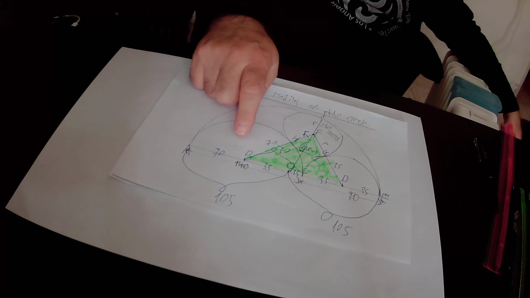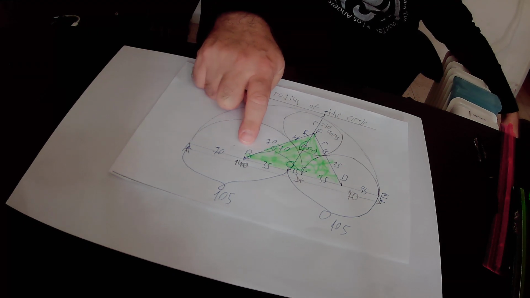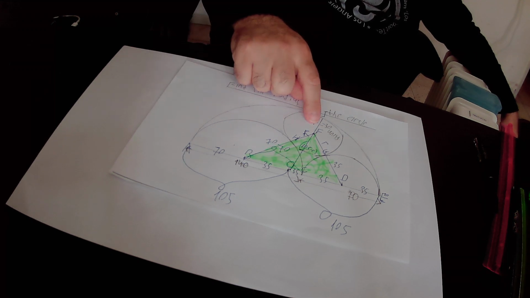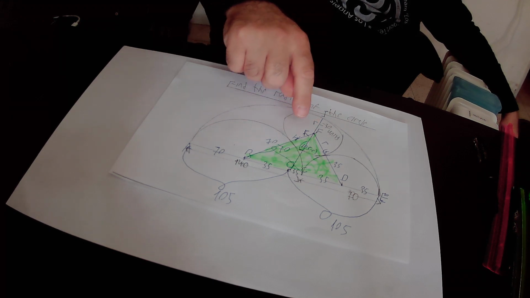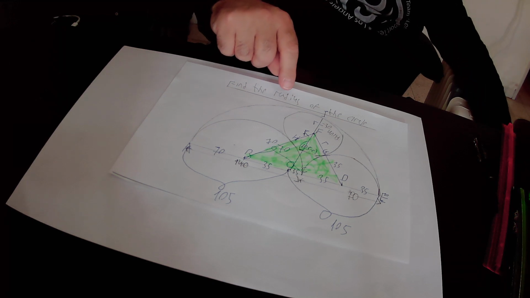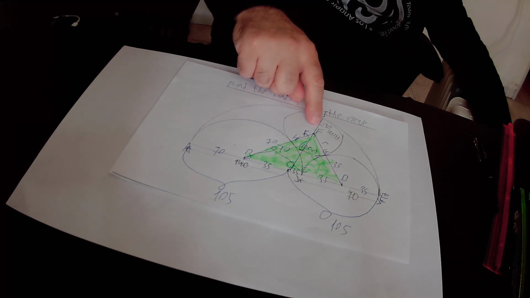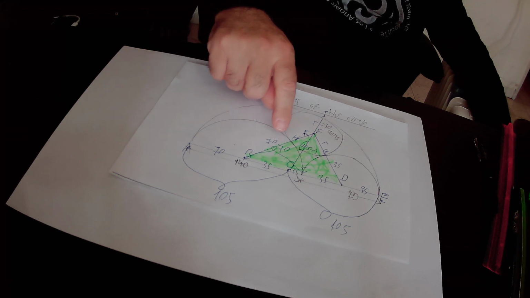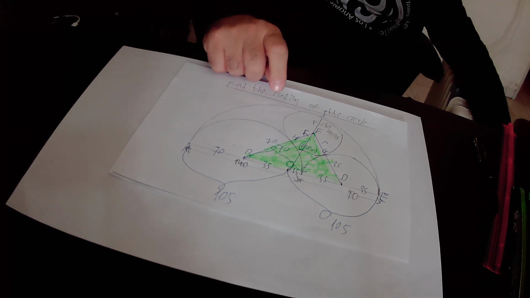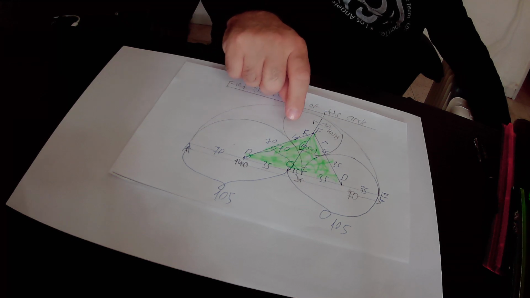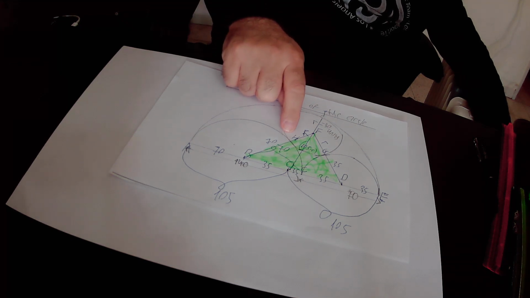Here we have point B as the center of this semicircle, and point F as the center of this circle. So if we connect the two centers together, we get the straight line FB. The straight line FB, according to rule number 11, must pass through the touching point, that is to say point H. Why?